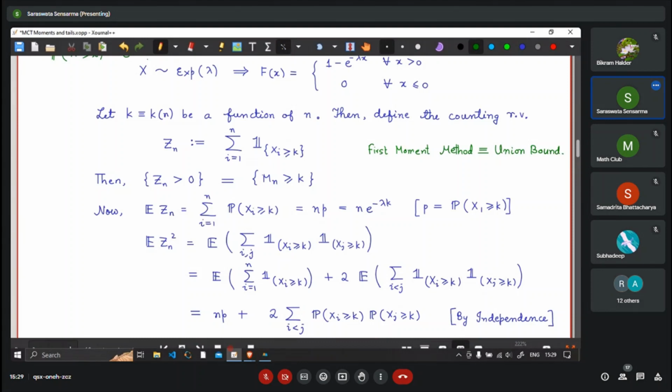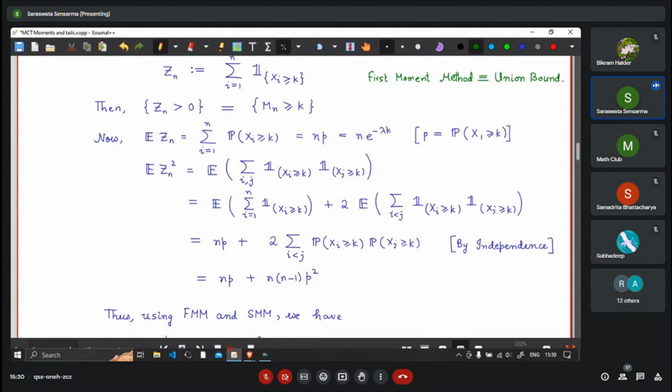Okay, so let's get back to the expectation of Zn. With p we denote the tail probability. Again, p depends on k, p depends on n, but I'm not putting that in. It's np, which is n times e to the power minus lambda k. Okay, and the computation of the second moment is, like always, slightly trickier.